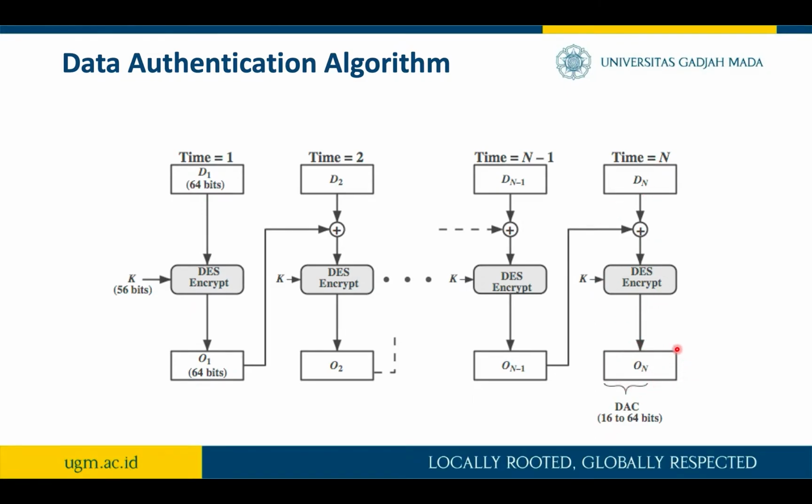This is the message authentication code. It is called the data authentication code, and we can just use the first M bits of the final message authentication code. So the length of the data authentication code can be between 16 and 64 bits. Yeah, that's the data authentication algorithm, or DAA.